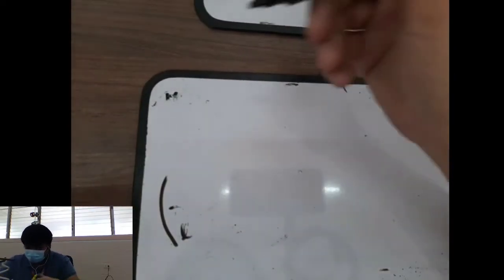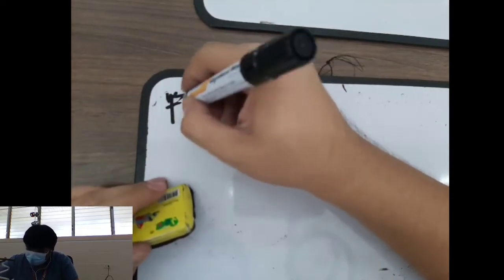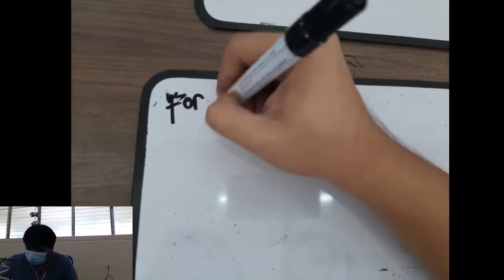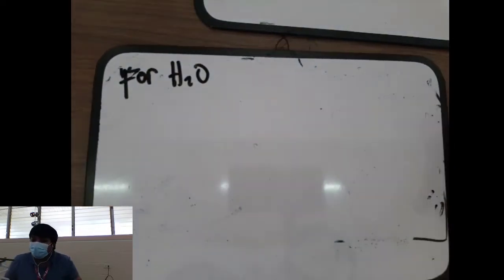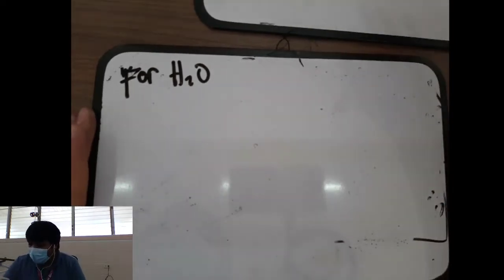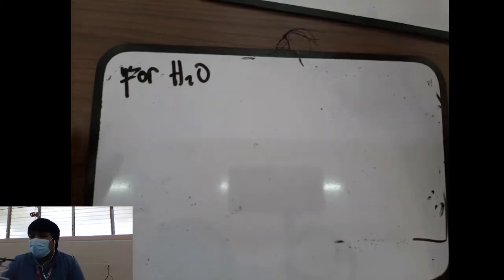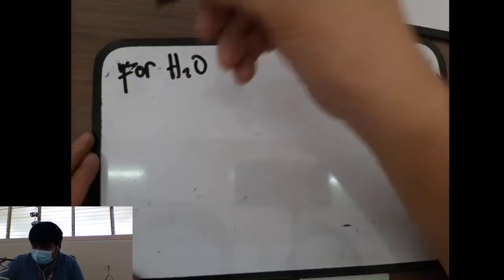Now, how about the product, water? Again, we use our limiting reagent as our starting material for our stoichiometric calculations in determining the amount of product formed, since it is the one that is fully consumed in the reaction.